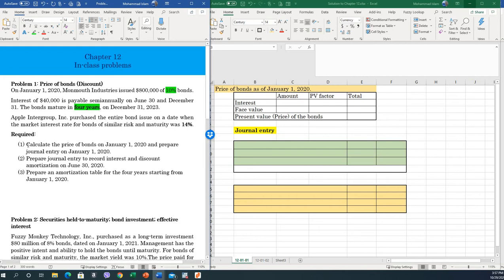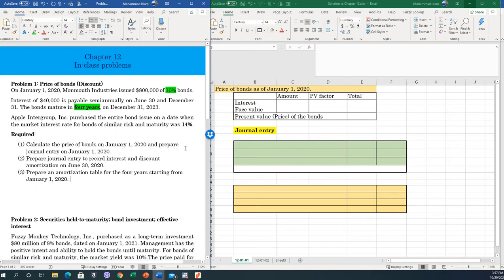Now they're asking us to calculate the price of bonds on January 1, 2020 and prepare the journal entry to record interest and discount amortization on June 30 and prepare an amortization table.